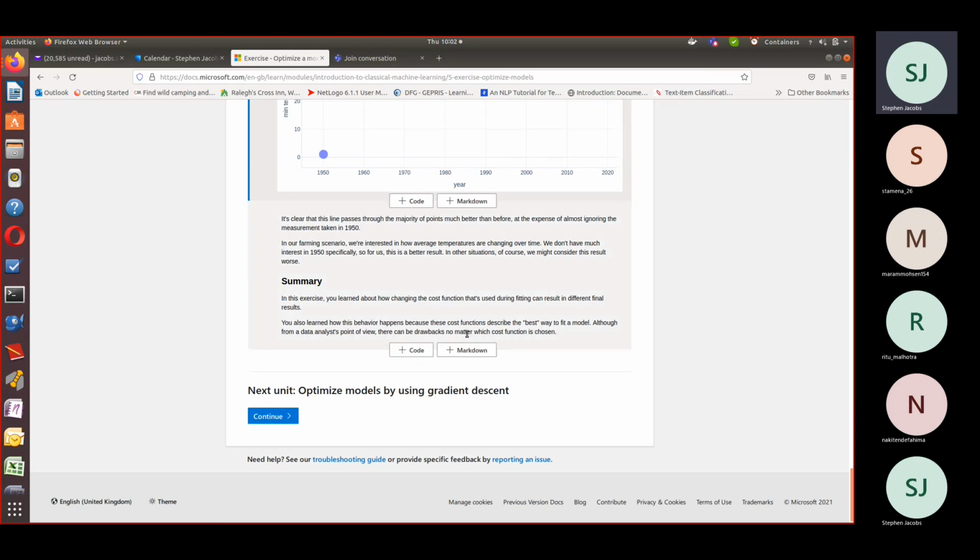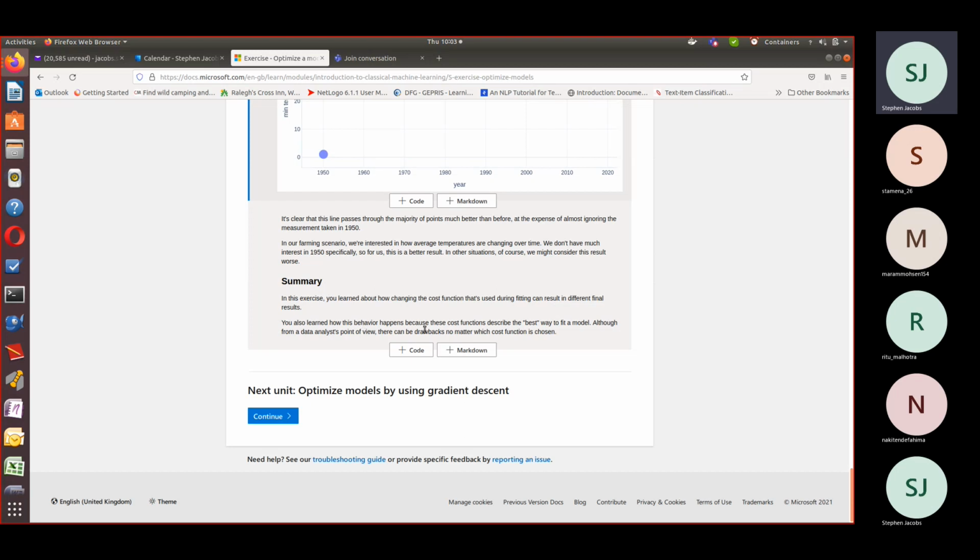So anyway, it's clear the line passes through the majority of the points. In the farming example, we're interested in how average temperatures are changing over time. So in summary, in this exercise, we learned about changing the cost function. Using different cost functions can produce a different final result.